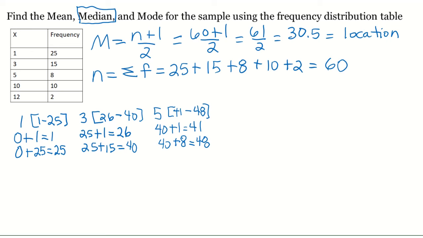And then the next one is a 10. So I'm going to take my 41 and add 1 to get my lower boundary, and then take the 41 and add the frequency, which is 10, which is going to make that 51.